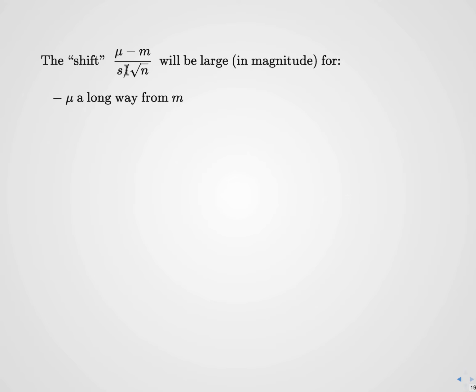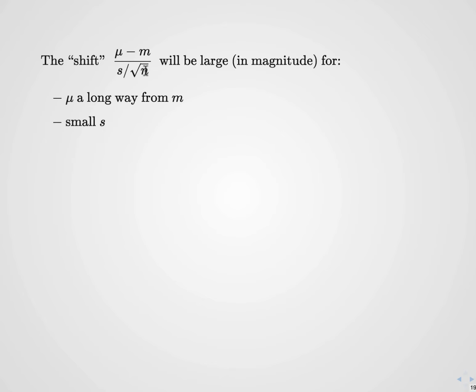The magnitude of the shift will be large if mu minus m is large. Similarly, the magnitude of this shift will be large if this sample standard deviation is small, because it's on the bottom line. If you divide by a small number, you end up with a bigger number. So a small standard deviation gives you a larger shift.